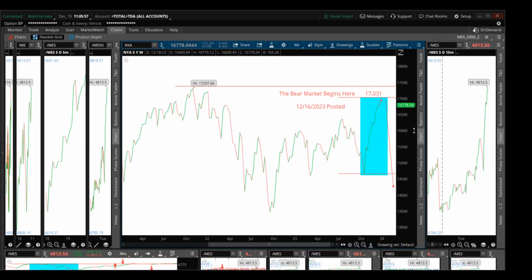Now, the key is every market is different. The Nasdaq, the Dow, the SPY, they all kind of dance in a different step. And currently, all the markets are actually in chaos. I don't see anything.